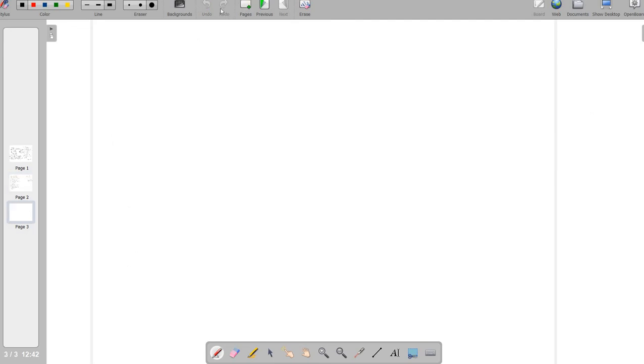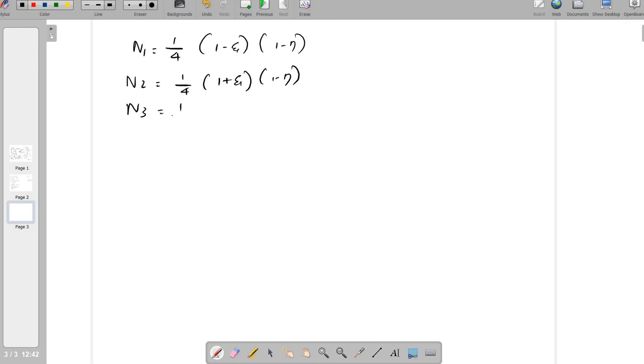So we can conclude the shape functions for all 4 nodes. n1 is equal to 1 by 4, 1 minus epsilon, 1 minus eta. n2 equal to 1 by 4, 1 plus epsilon, 1 minus eta. n3 equal to 1 by 4, 1 plus epsilon and 1 plus eta. n4 is equal to 1 by 4, 1 minus epsilon, 1 plus eta.